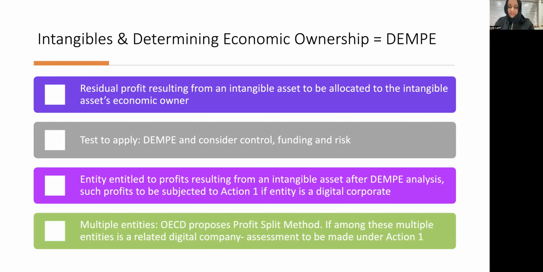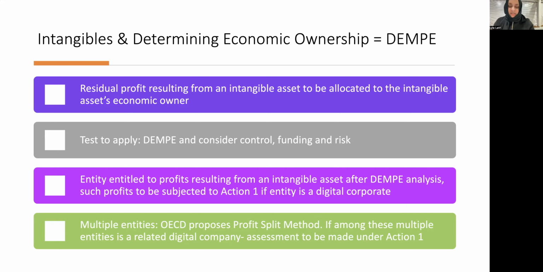So now the OECD's BEPS project states that taxation should be aligned with a transaction's economic reality rather than strictly focusing on the transaction's legal and contractual terms. This has implications for intangibles, which are a focus of both transfer pricing and digital taxation.